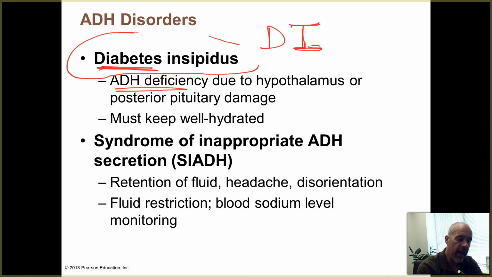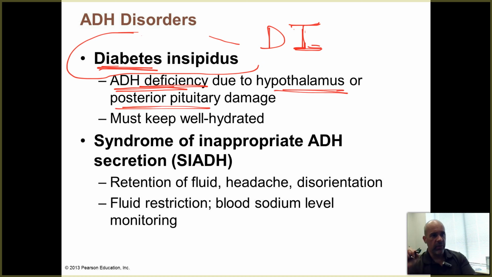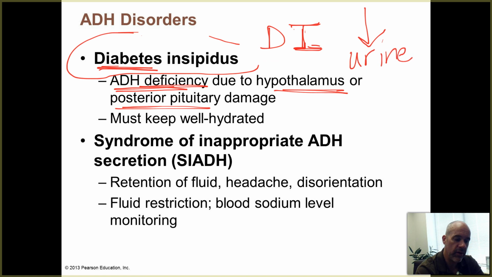This is an ADH deficiency, which could be due to the hypothalamus being damaged, or maybe the posterior pituitary has been damaged or is not functioning for some reason, like maybe a patient has been injured in some way. All right, so if you don't produce ADH, we said ADH lowers urine volume. So guess what?